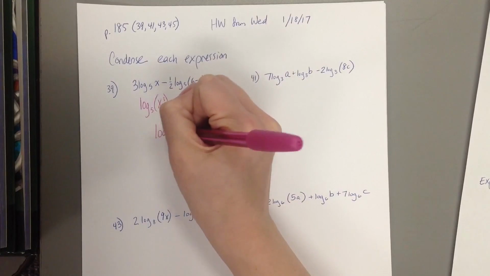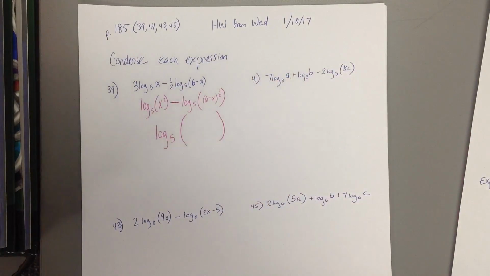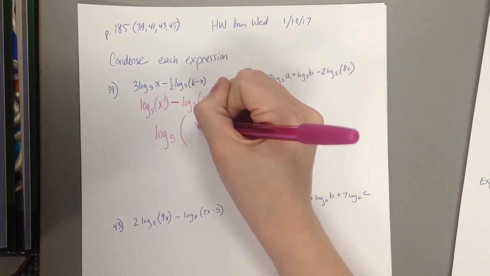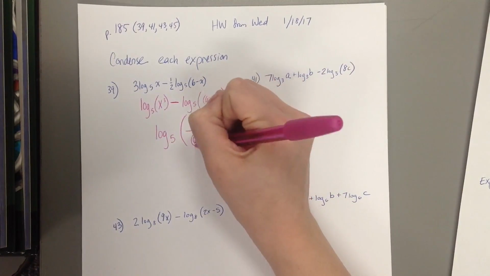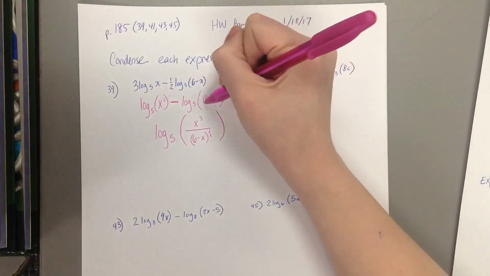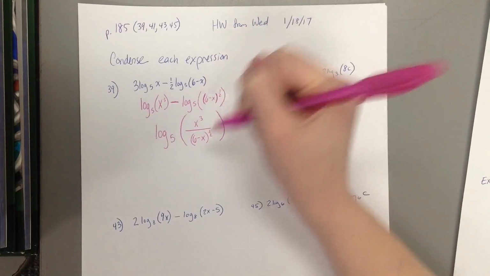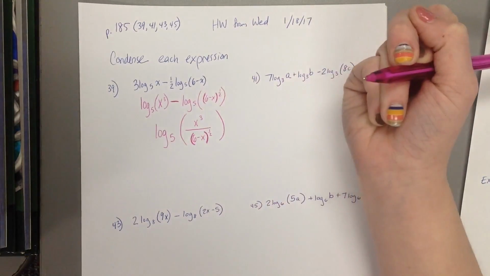I have log base 5 of a lot of stuff. That stuff is going to be x cubed in the numerator and 6 minus x to the 1/2 power in the denominator. Now this set of parentheses is important because it shows me that it's the quantity 6 minus x that gets the 1/2 power.